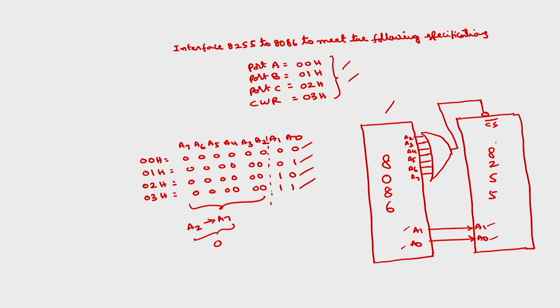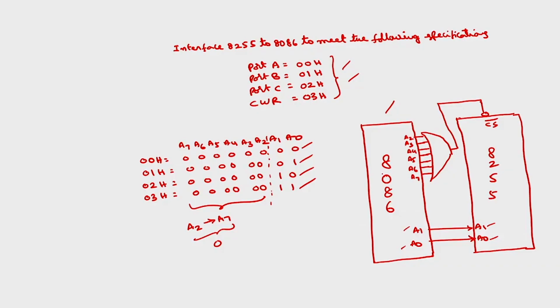The reason is this: input output devices operate on some electrical characteristics, whereas 8086 operates with other characteristics. Because of that there will be some mismatch. Okay. So in order to match the electrical characteristics of 8086 with input output devices, we need interfacing circuitry such as 8255. Okay.